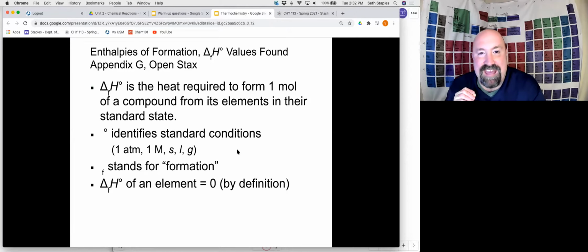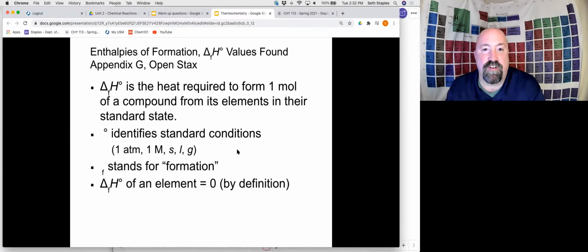But the enthalpy of formation in general, delta H sub F, is the energy that's required to form 1 mole of a compound from its elements in their standard state. And this little degree symbol just stands for standard conditions.